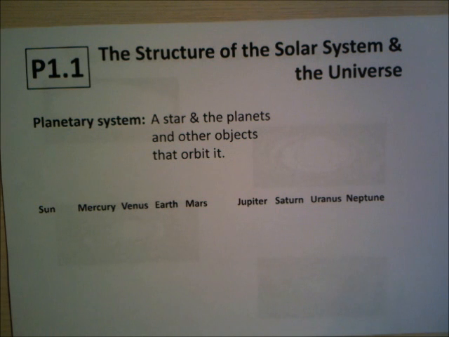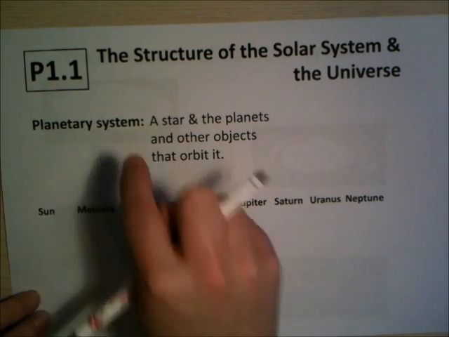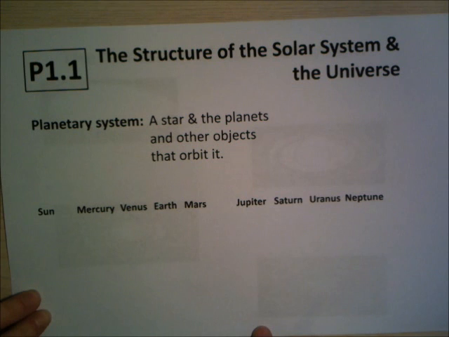The first thing we're going to look at is the solar system, and the solar system is what you probably know most about because it's where we are. Now, the solar system is a type of planetary system, and a planetary system is a star and the planets and other objects that orbit around it. The solar system is just an example of this, and it's got a special name because it's about us, and we like to give things that we're in their own names.